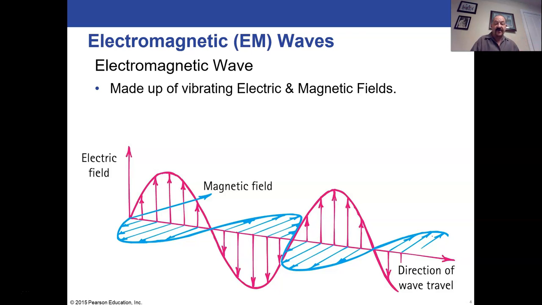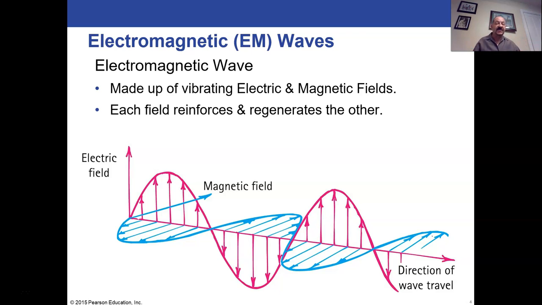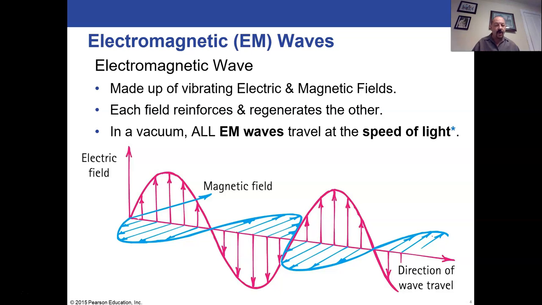They run together. And it's these vibrating fields, these alternating fields in both the electric and the magnetic realm, that produce this electromagnetic wave. And all electromagnetic waves in a vacuum, whether we're talking about radio waves, microwaves, infrared, visible, ultraviolet, X-rays and gamma rays, they all travel at the speed of light, which is about 300 million meters per second.